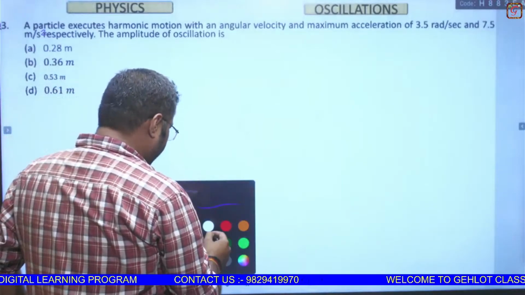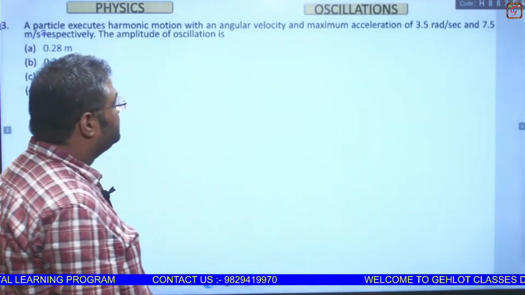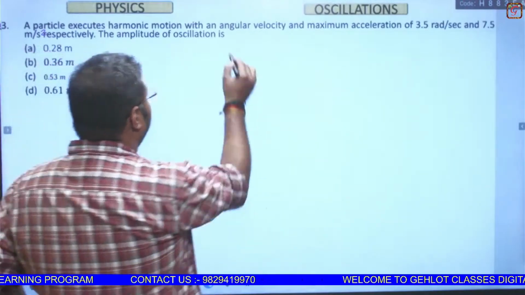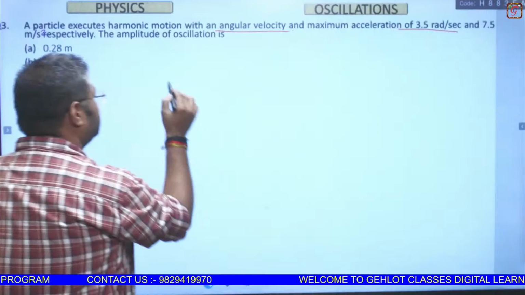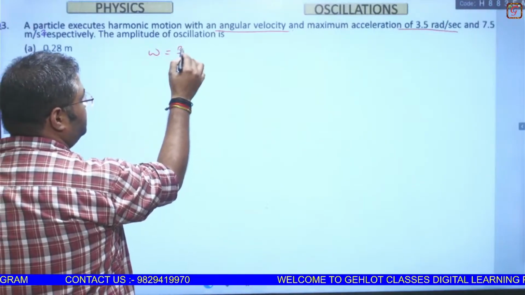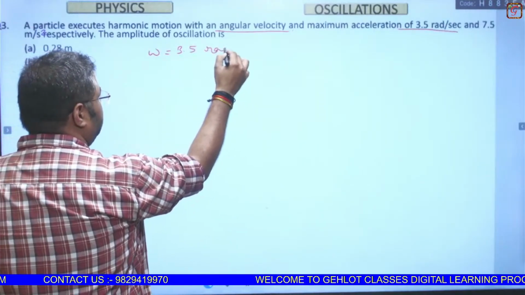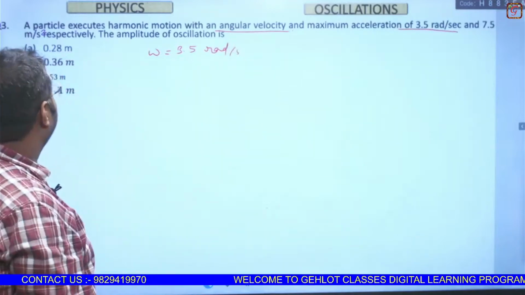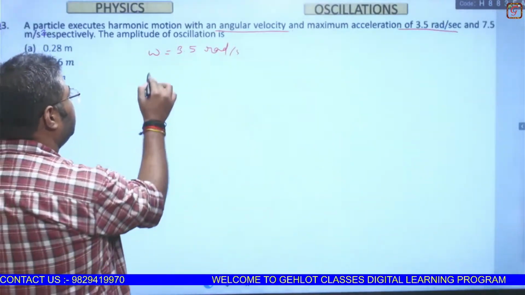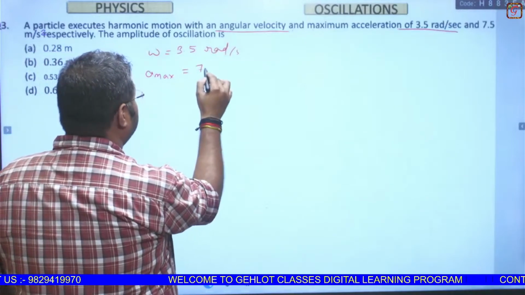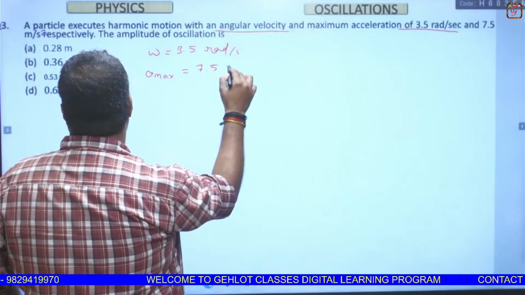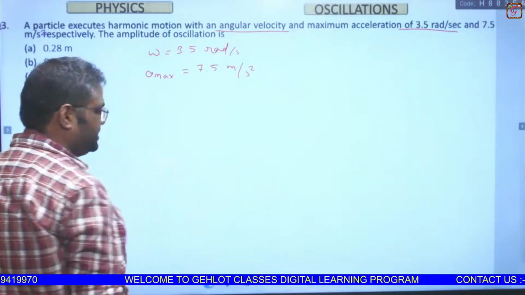See, in this question, the value of angular velocity omega is 3.5 radian per second, and maximum acceleration A max is given as 7.5 meter per second square.